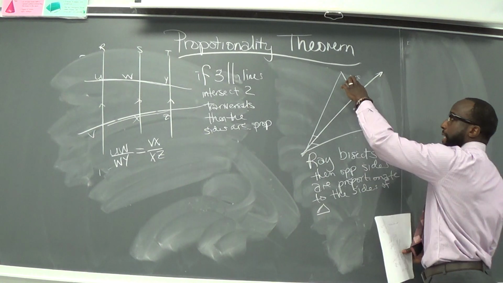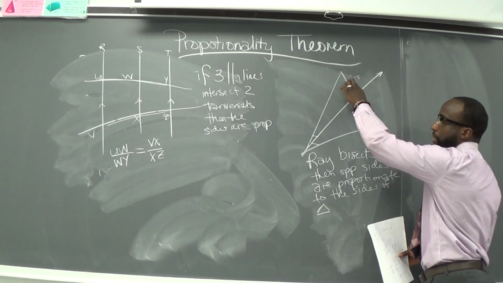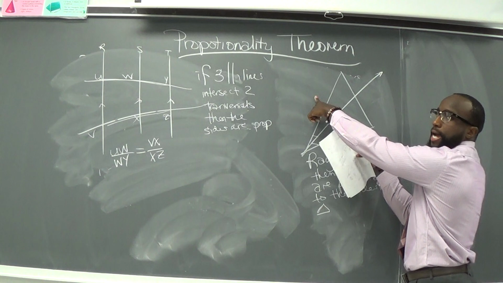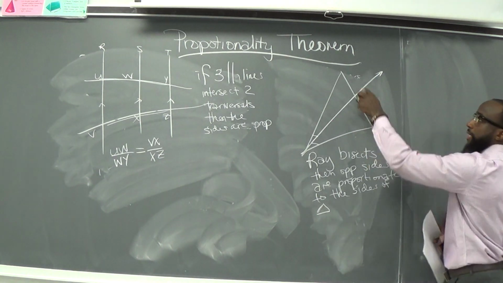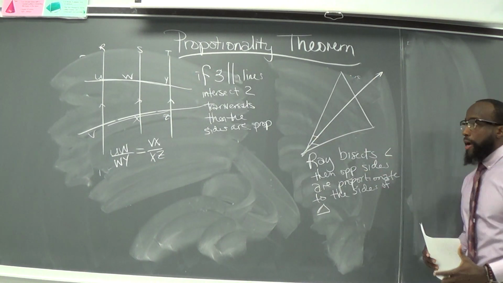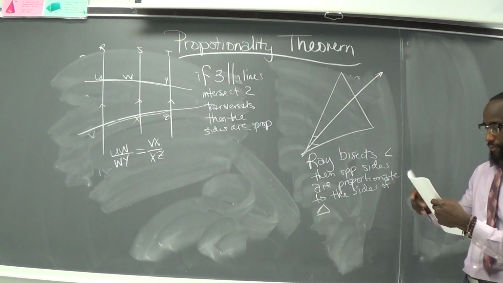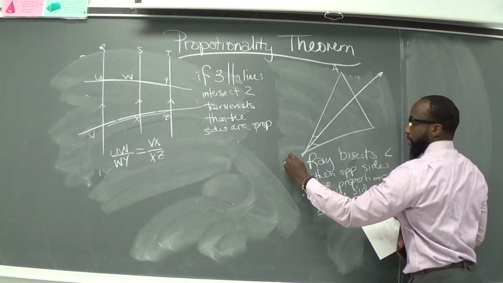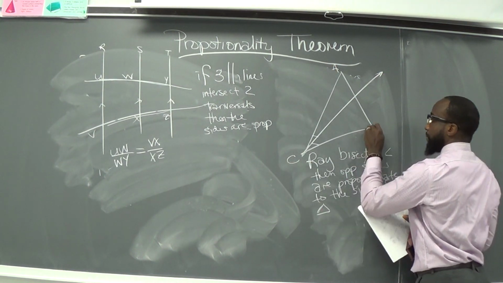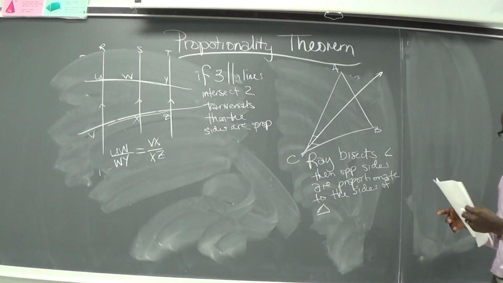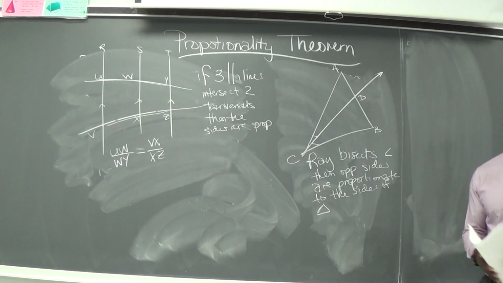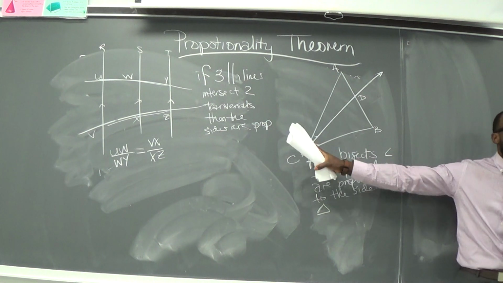So they're basically saying these sides are going to be proportionate to these sides. Okay? So this ray bisects. Let's call this A, this is C, B, and this is D. Now, it bisects that angle.